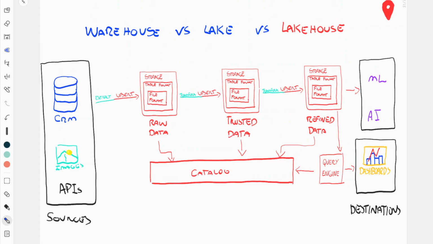And yeah, you probably knew that because you were watching a data engineering video, but if not, that's the timeline. And here we have basically the same. You can see that nothing really changed except for this table format.